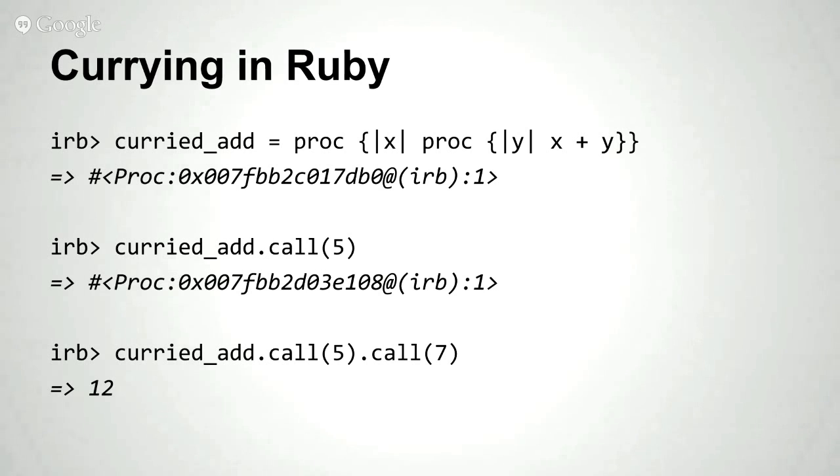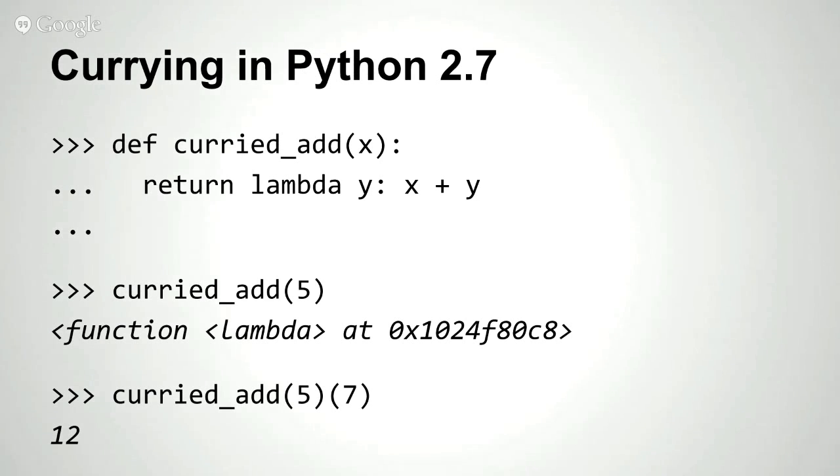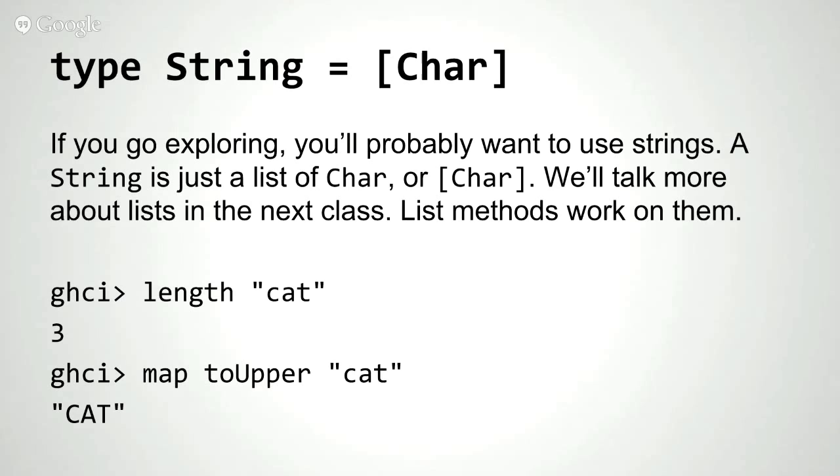Curried add is a proc that takes an x, returns another proc that takes a y, and returns x plus y. Same theme, and you use .call twice, and you get your answer. And this is Python 2.7. I think Python 3 is probably the same. I just didn't check. And that's that.